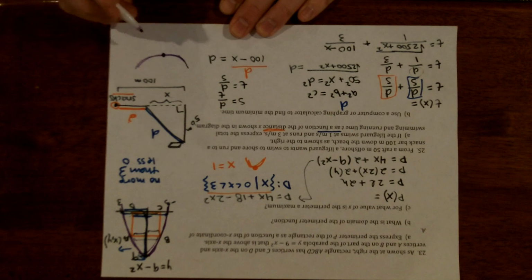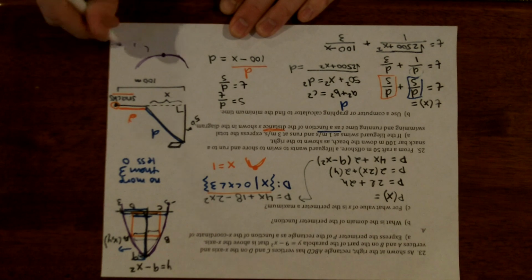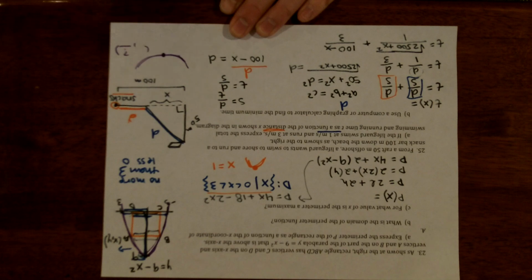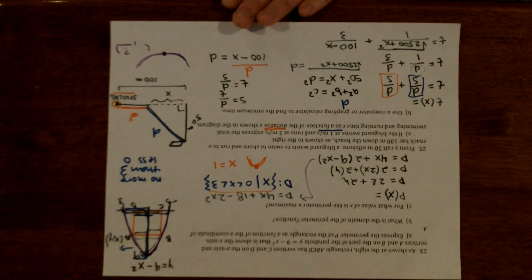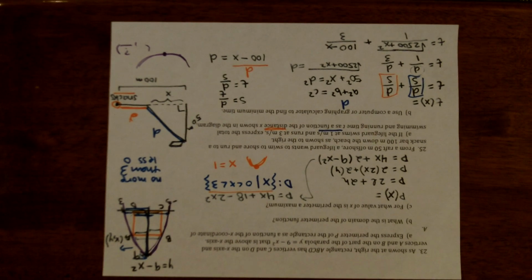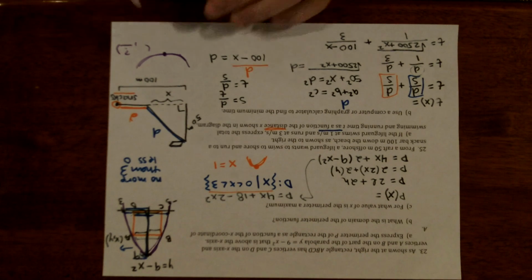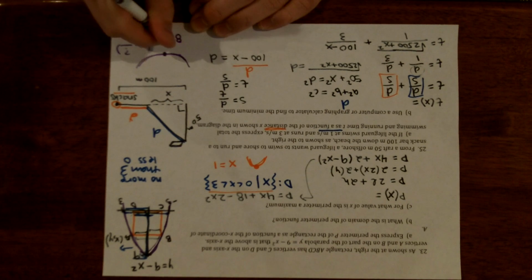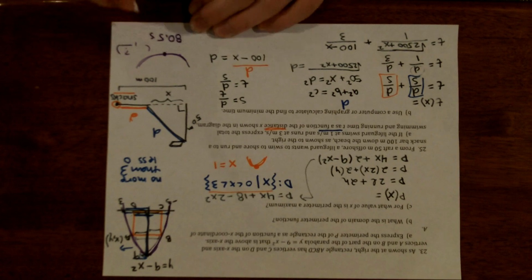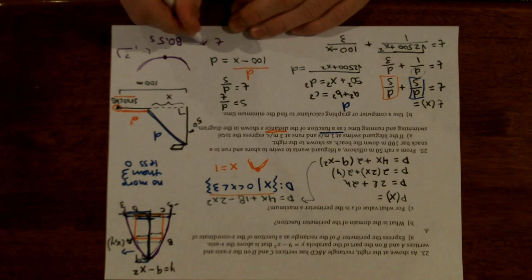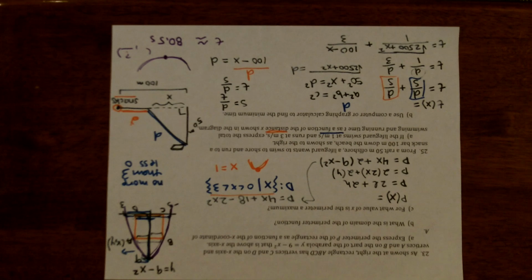Time is a y value, so you're looking for whatever this value is, the y coordinate, at the lowest point of our parabola, and that time is about 80.5 seconds. So the shortest time it would take for this lifeguard to get from the raft to the snack bar would be 80.5 seconds.